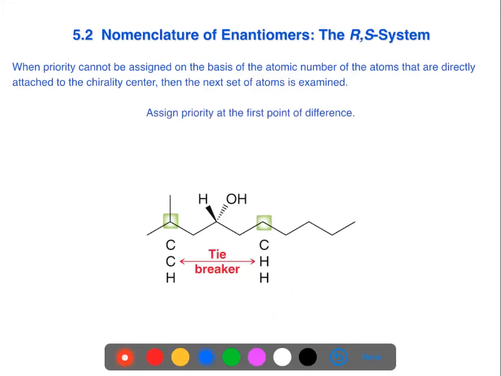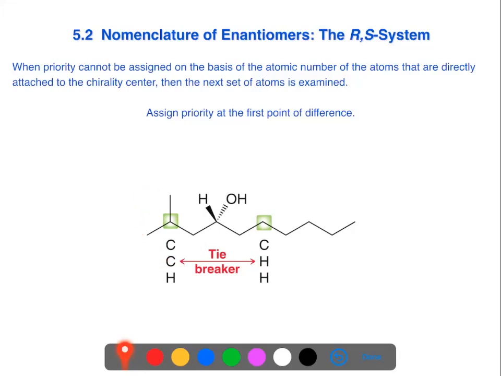Now, when the priority cannot be assigned on the basis of the atomic number of the atoms that are directly attached to the chirality center, then the next set of atoms needs to be considered. So in this example shown below, we've identified our chirality center as this carbon with the hydroxyl group, a hydrogen, and then this alkyl chain as well as this alkyl chain.